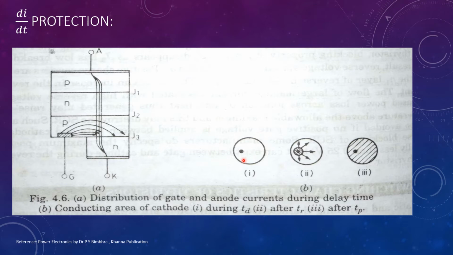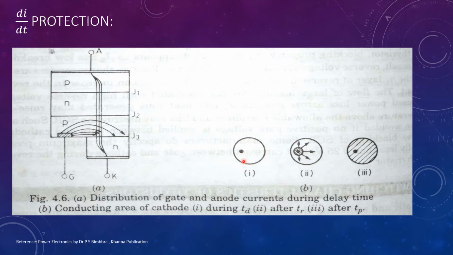Therefore, the rate of rise of anode current at the time of turn on must be kept below a specified limiting value. The value of di by dt can be maintained below acceptable limit by using a small inductor called as di by dt inductor in series with the anode circuit.